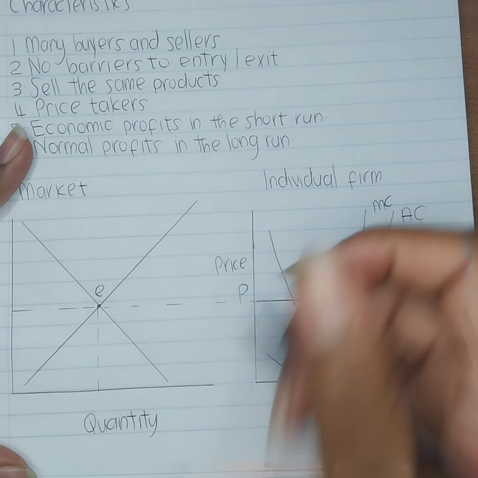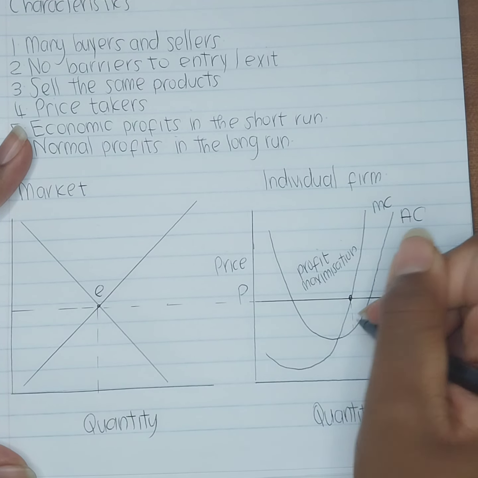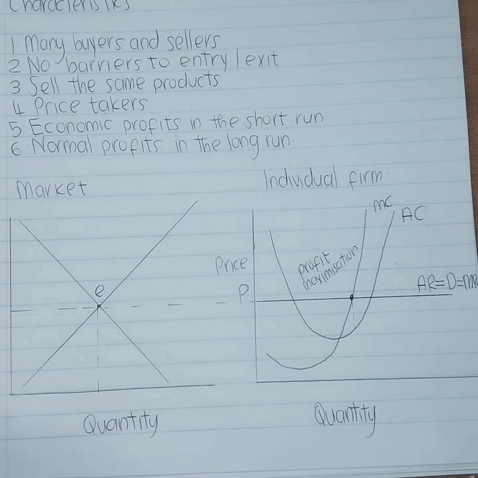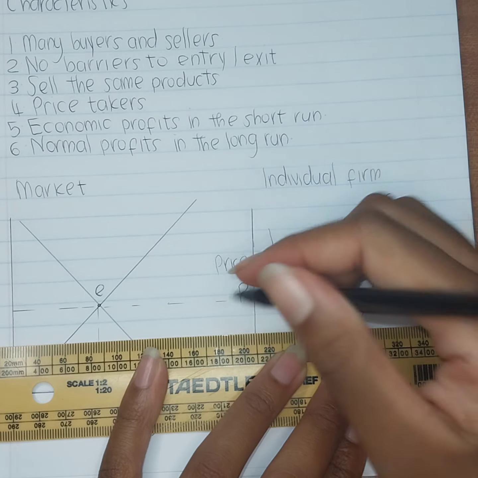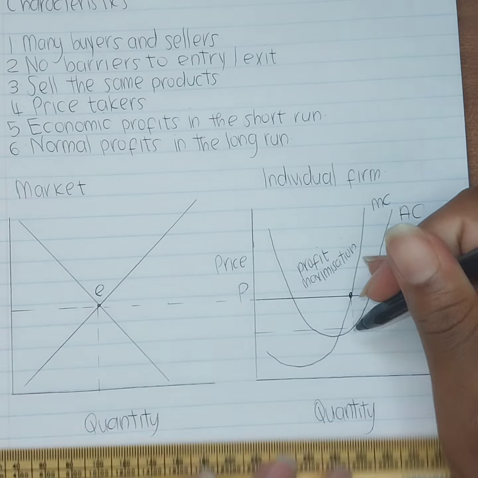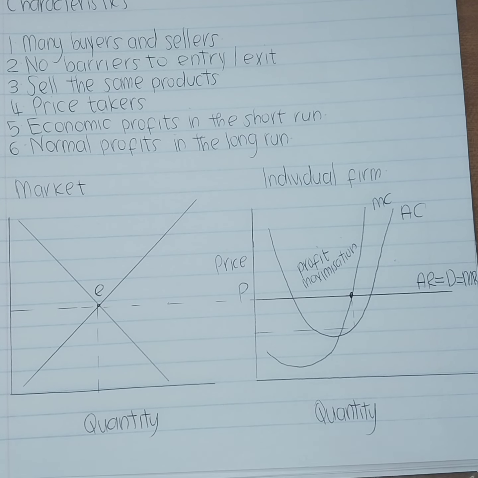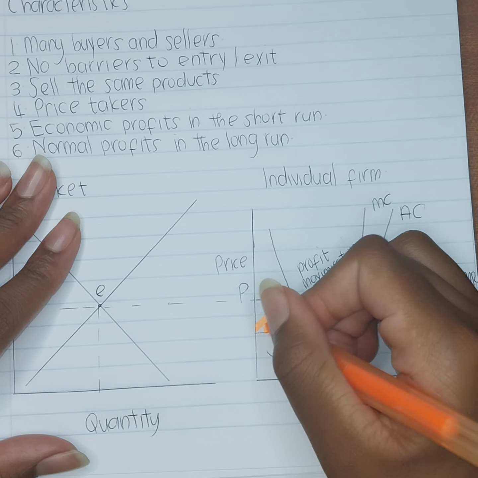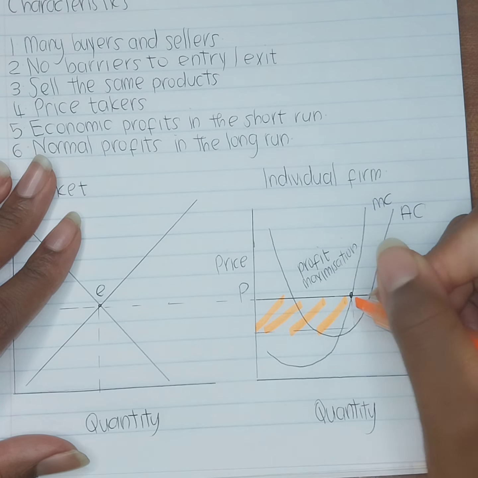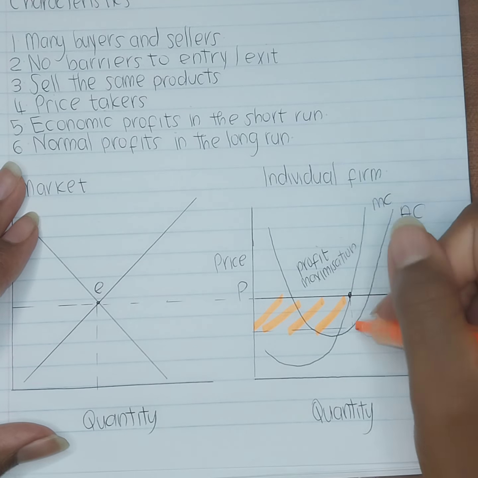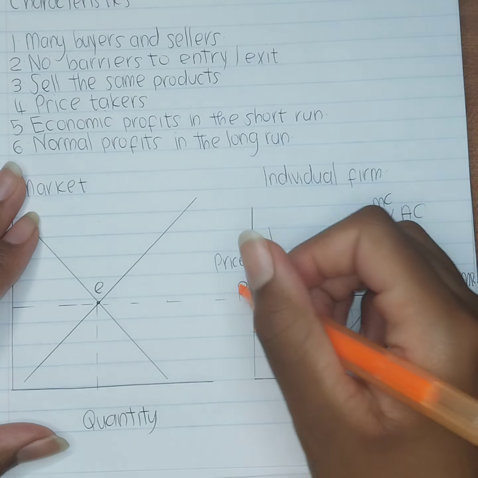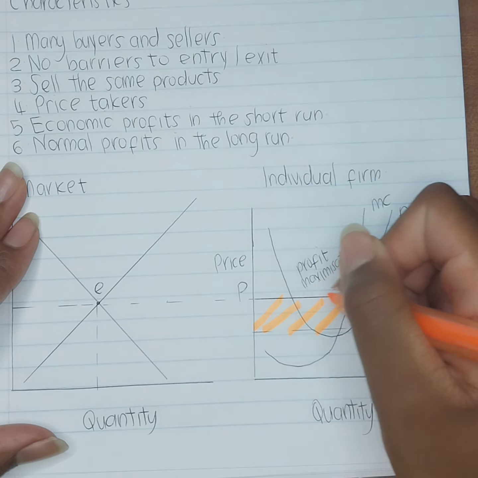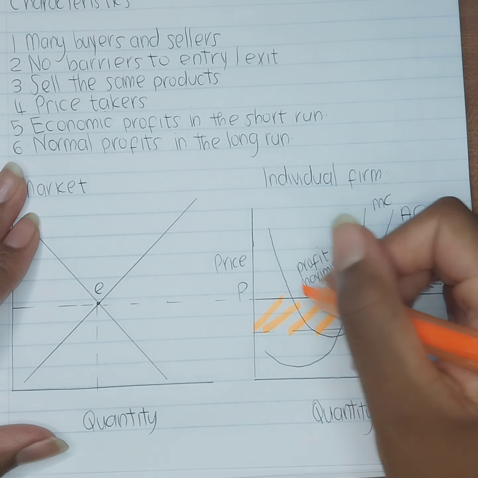And you go on to touch your AC, and then you go on to touch the y-axis. So this whole area right here will be your economic profits. I say it is economic profit and not economic loss because, as you can see from the profit maximization point, the AR, which is this whole straight line, lies above the AC.